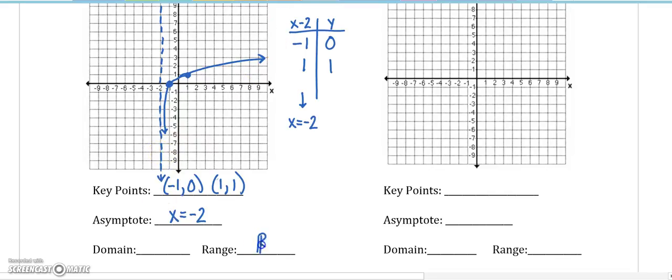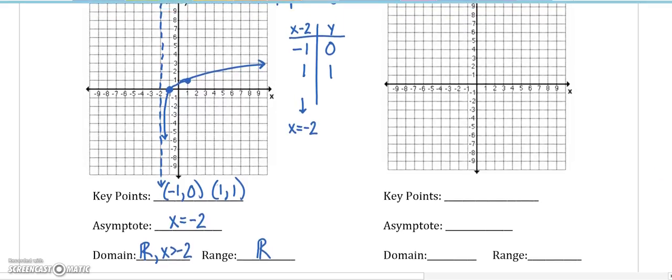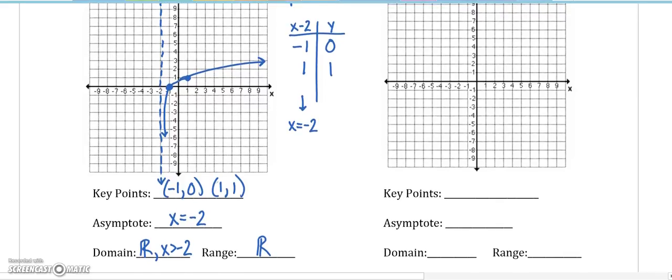So our range is all reals, but our domain is going to have a restriction, and it's based on our asymptote. All right, x's have to stay to the right of -2, so that means x has to be greater than -2. All right, not so bad, right? So it should be very familiar because it should be just like graphing exponential functions. We're just switching x's and y's.